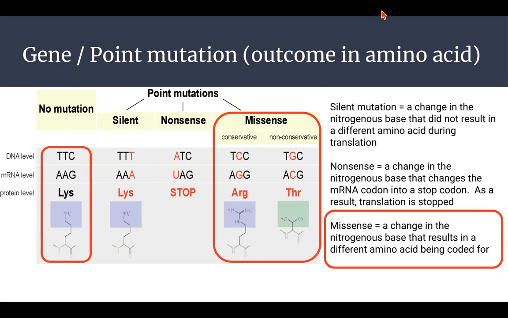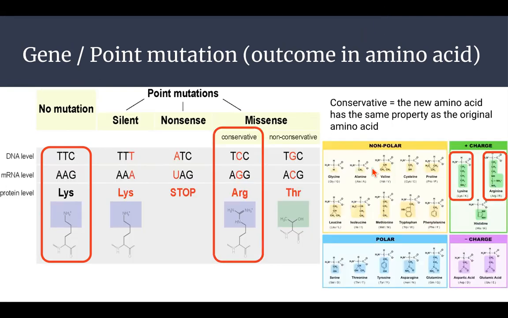And this really depends on the property of the amino acid. So let's compare this one, the conservative, with the no mutation one. So no mutation is lysine, and then after mutation, you have arginine. If you look at the codon table, what you can see is that lysine and arginine actually lie in the same category.